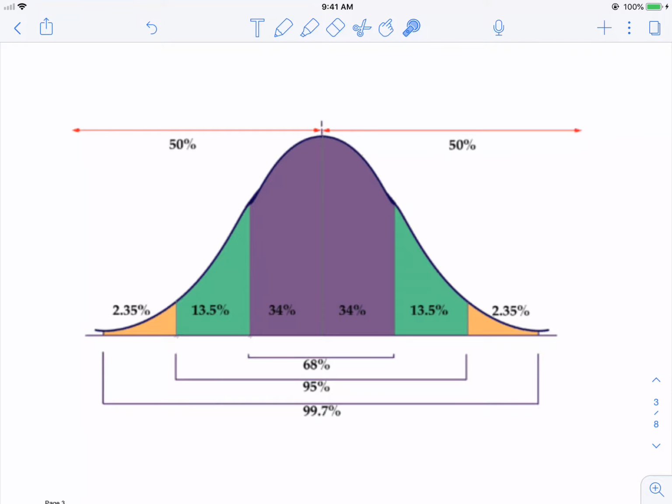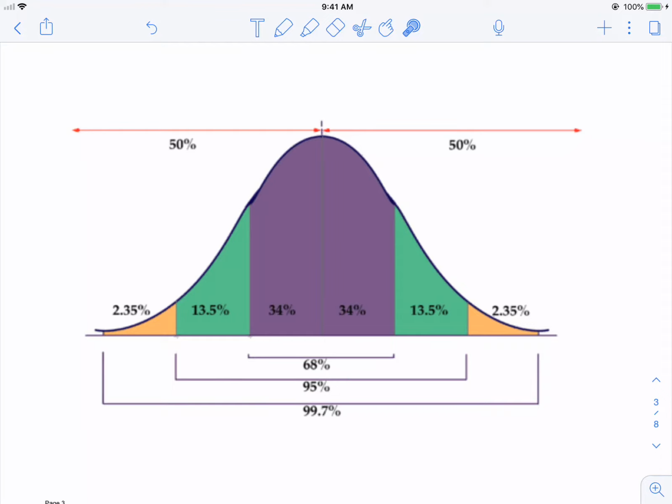So it turns out that we're going to be using this 95 quite a bit. It's a pretty good compromise between a relatively safe boundary from where your sample value is, and it's a fairly high level of certainty.